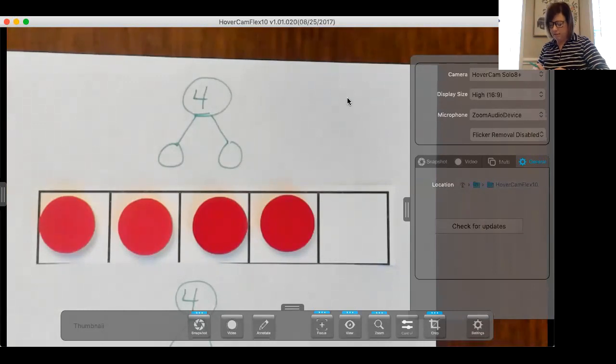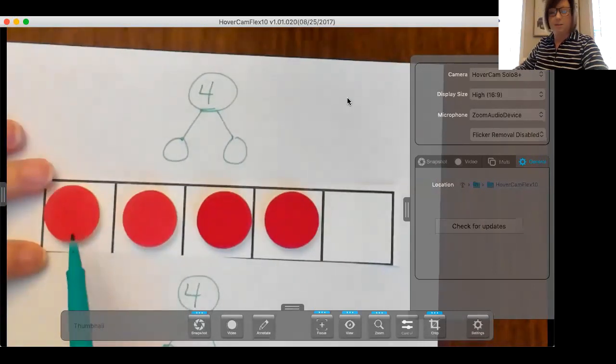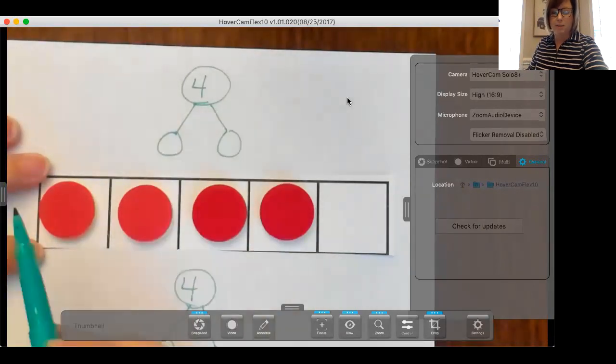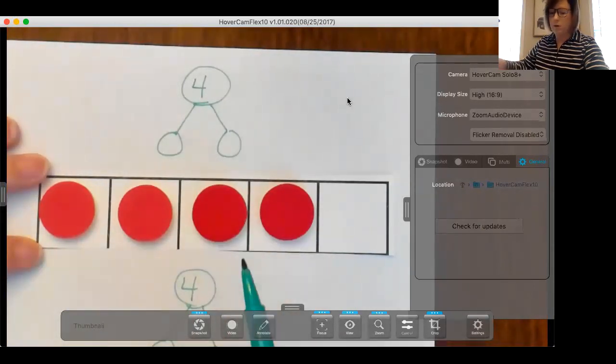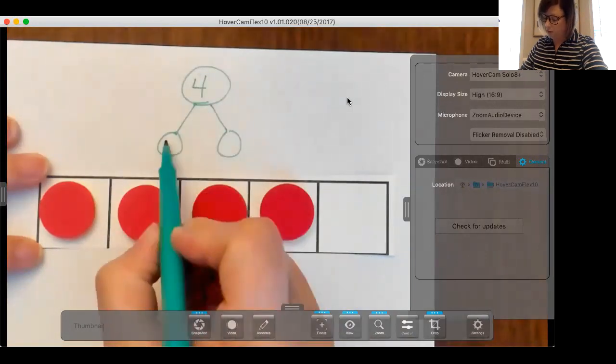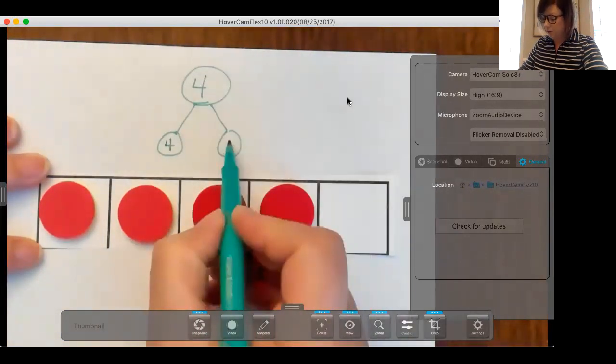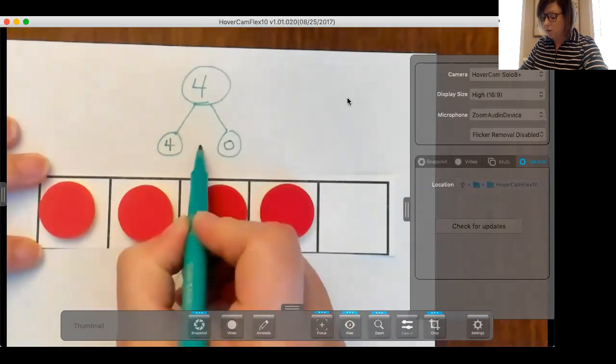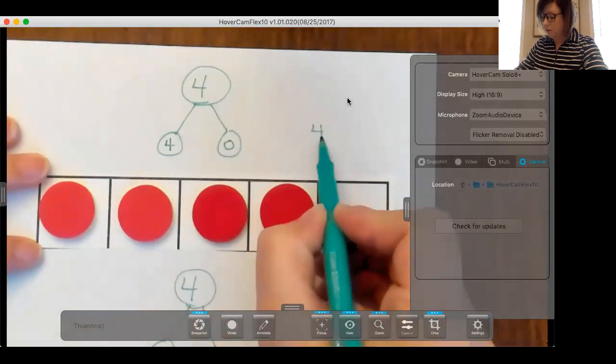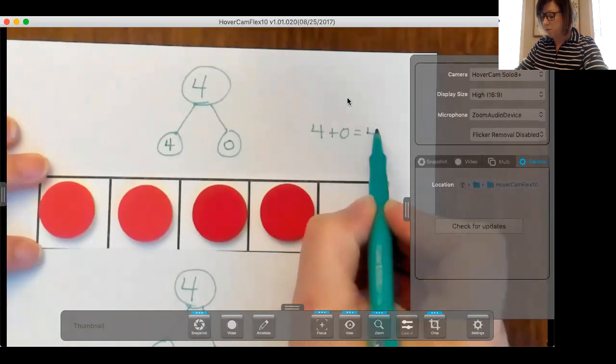All right, so this is one way that I can make a 4. I could write how many of the same color do I have? How many reds do you see? 4. So I'm going to put the 4 here because I have 4 reds. How many yellows? 0. So 4 plus 0 equals 4.